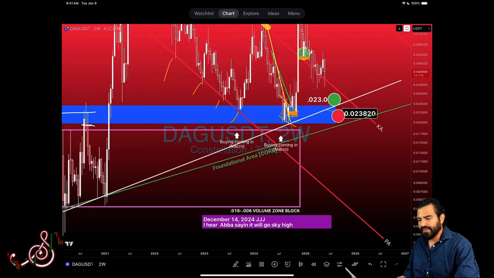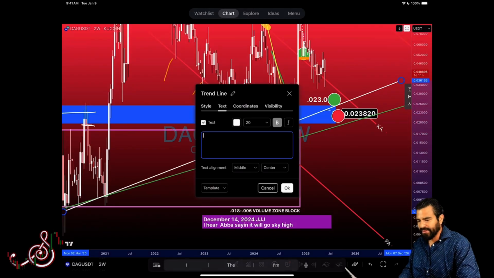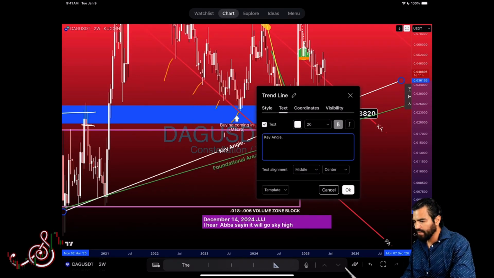Good. So this one, I'm going to click on the line and give it a label. I'm going to type in key angle, or KA, and in brackets, average.